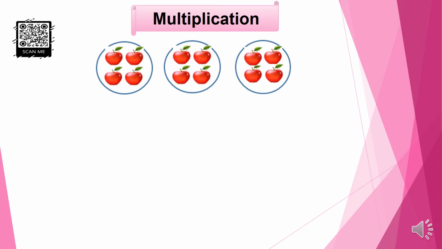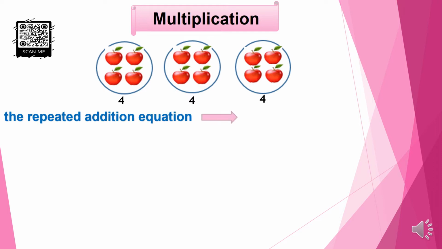In each group, how many apples? 4 apples. So I have here 4, 4, 4. To find the total using repeated addition, I add 4 plus 4 plus 4 equals 12, or by skip counting, 4, 8, 12.